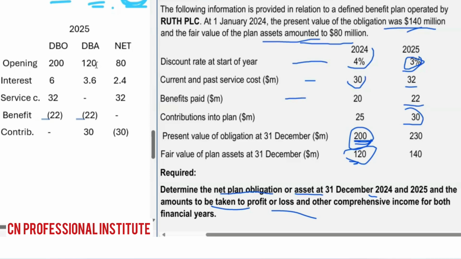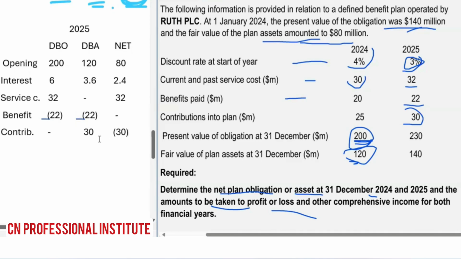So 200 minus 120, 6 minus 3.6, 32 minus 0 is 32, 22 minus 22 is 0, and 0 minus 30 is minus 30. That's how we do the net.